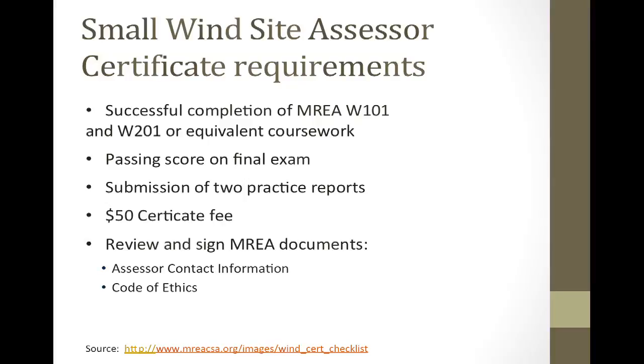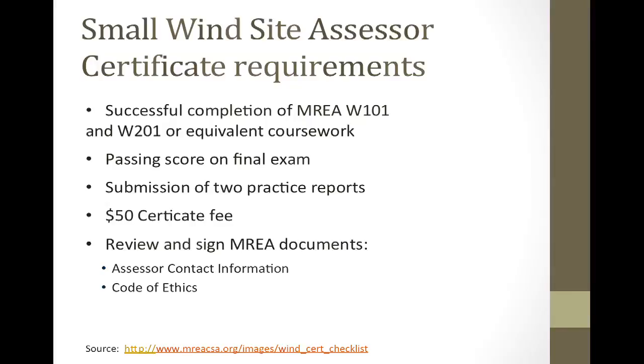So in order to get a certificate, now notice that doesn't say certification, this says a certificate. And what the certificate means is that you have indeed met the objectives and qualifications of the coursework for this particular class. The MREA uses their Introduction to Wind Energy course, W101, as a prerequisite for the W201, which is the course we're going through right now.